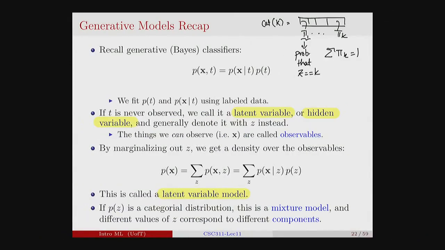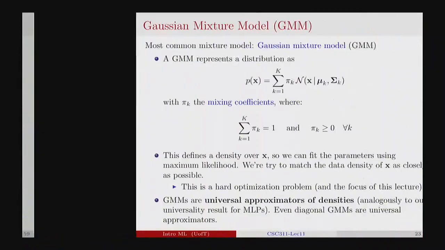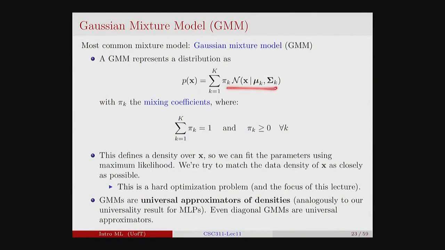I'm going to take my equation here. I know that this is a categorical distribution, so I can represent that with pi k. And I know that this is a Gaussian distribution, so I can represent that as a Gaussian with some mean and some covariance matrix. When I substitute that in, I get this equation here.